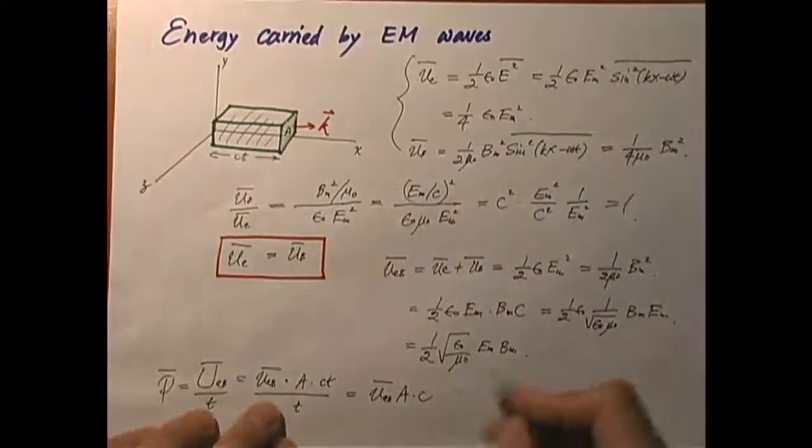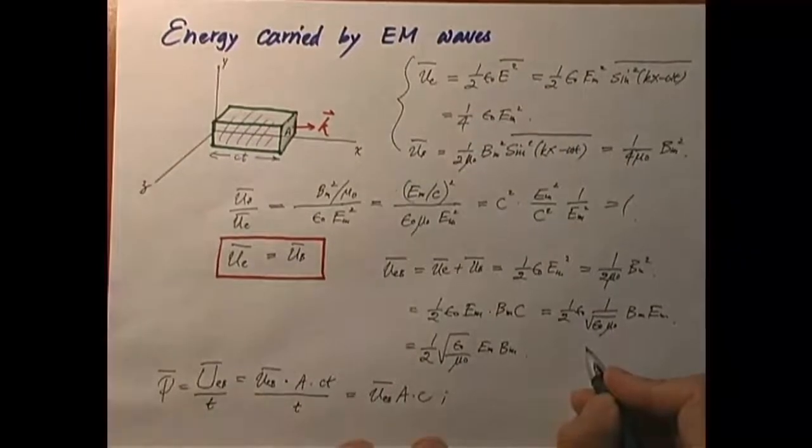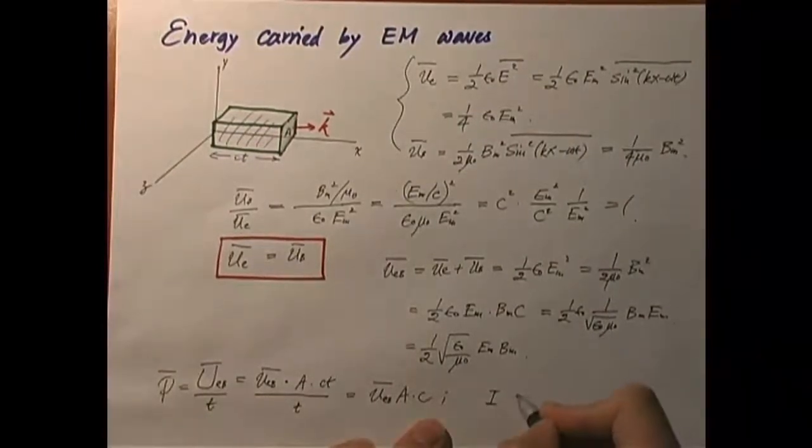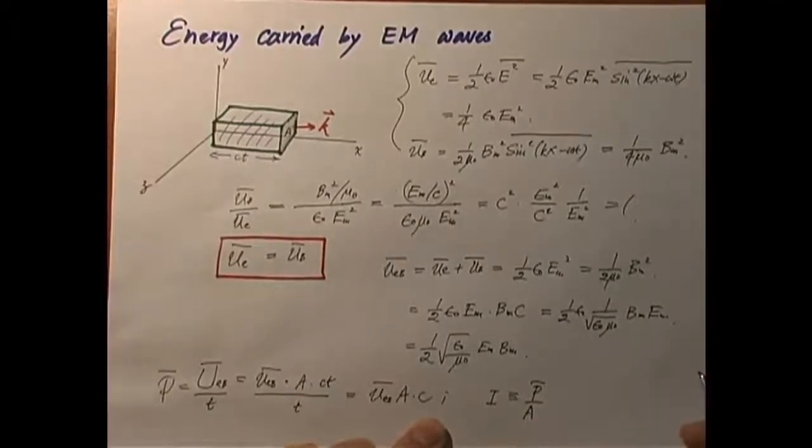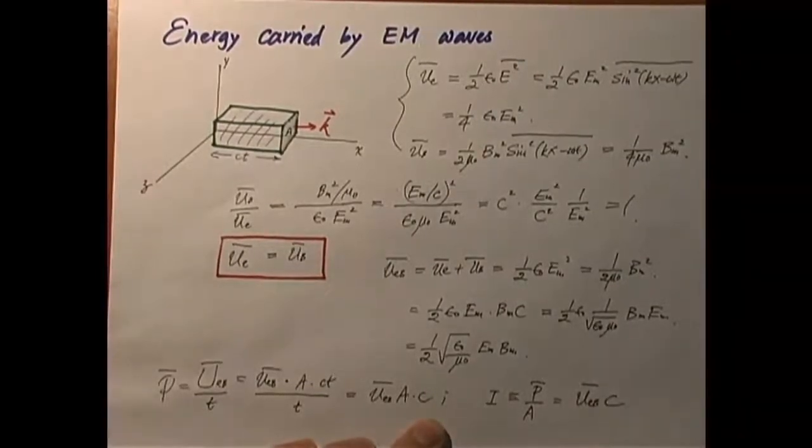And that, by definition, is called intensity, I. It is defined as average power divided by the cross-sectional area A, which intercepts the power. Okay, now that is, of course, U_EB bar times C. Right? Now U_EB is right here, and C is again 1 over the square root of epsilon naught mu naught. Okay, so you work that out.